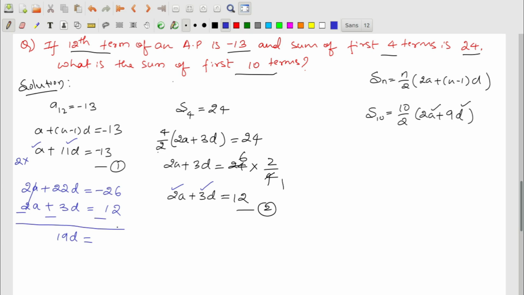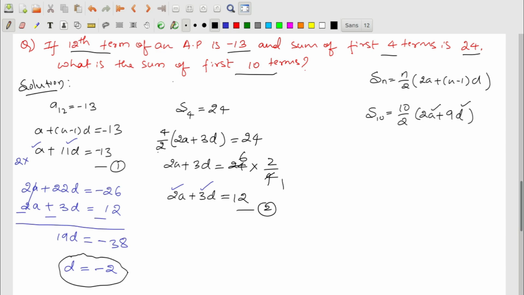So we have same sign here. So just add these two, you will get minus 38. Right? So now simplify. If you simplify this further, you will get d is equal to minus 38 divided by 19, that is equal to minus 2. So we got the common difference or the d value minus 2.